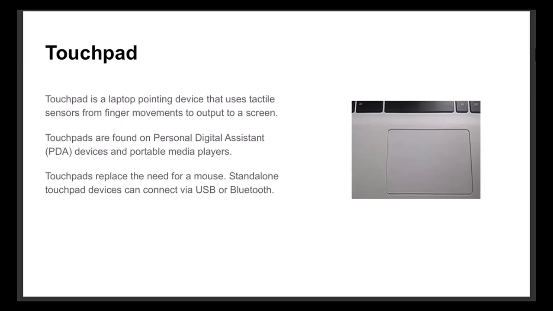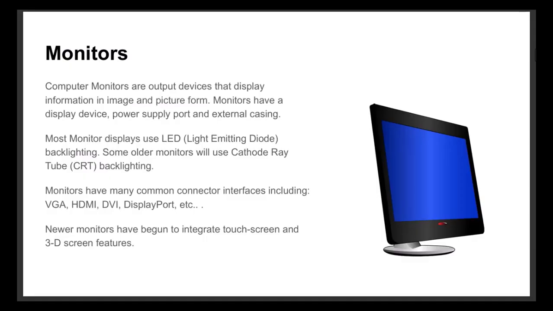A touchpad will replace the computer mouse. It can be a standalone device that can connect to our computer device by either a USB connection or a Bluetooth wireless connection. Next on our peripheral device list is a monitor.